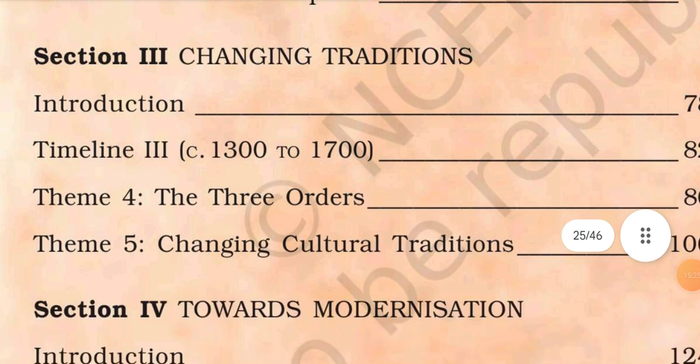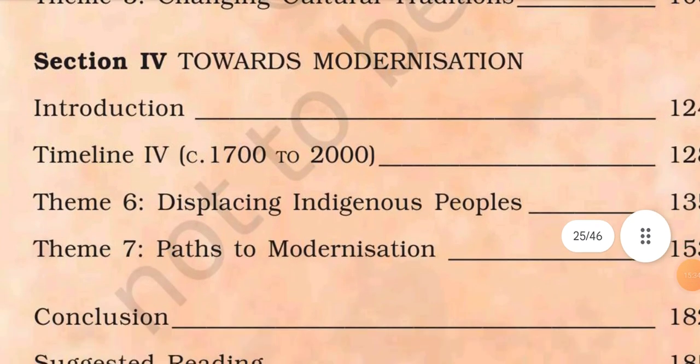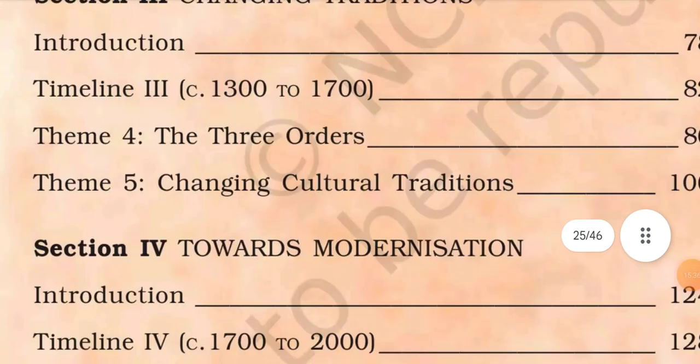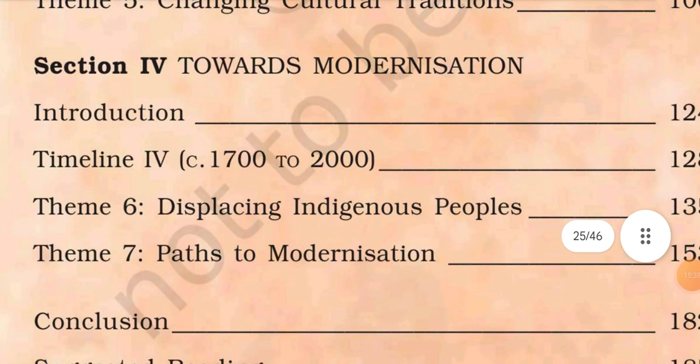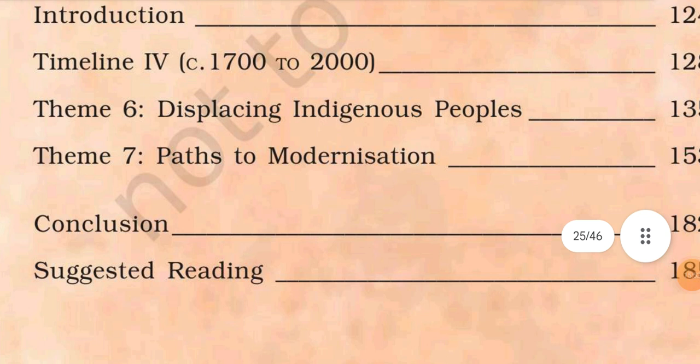Section 3, Changing Traditions. Introduction. Timeline 3, c. 1300 to 1700. Theme 4, The Three Orders. Theme 5, Changing Cultural Traditions. Section 4, Towards Modernisation. Introduction. Timeline 4, c. 1700 to 2000. Theme 6, Displacing Indigenous Peoples. Theme 7, Paths to Modernisation. Conclusion. Suggested Readings.